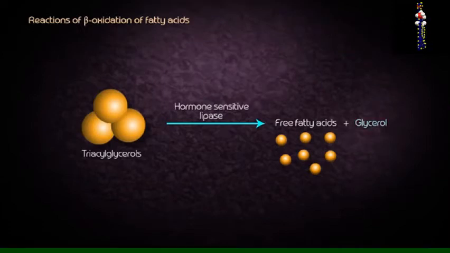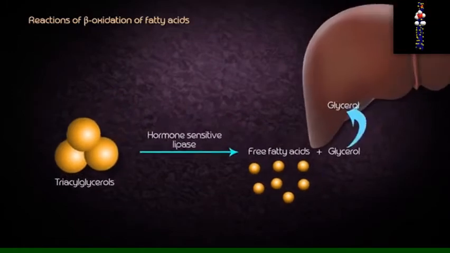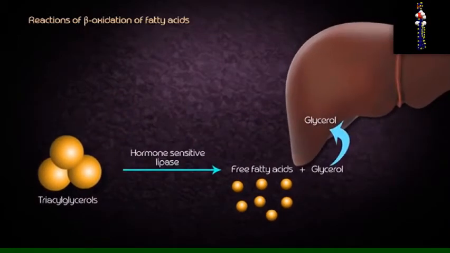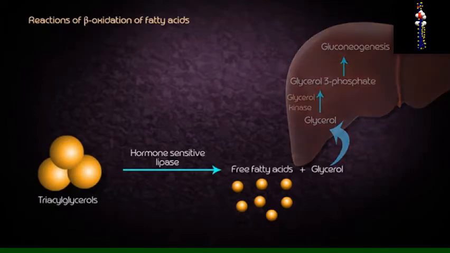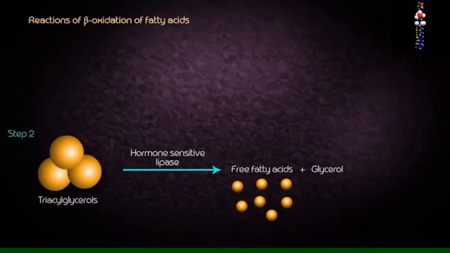This is the hormone sensitive enzyme. The glycerol undergoes phosphorylation with the help of the enzyme glycerol kinase and produces glycerol 3 phosphate, which, as we have seen in the previous classes, undergoes gluconeogenesis.